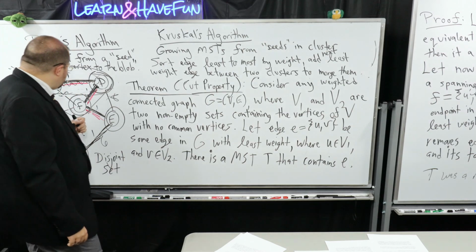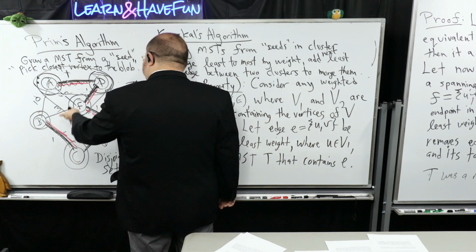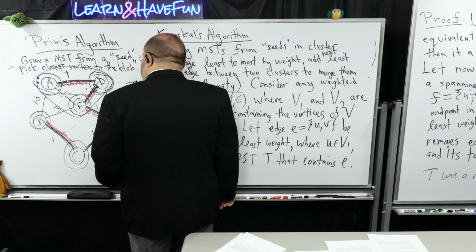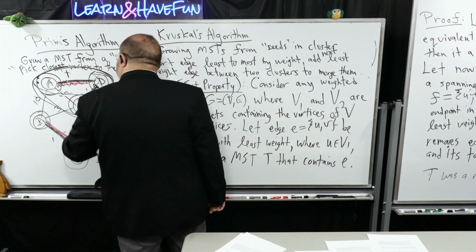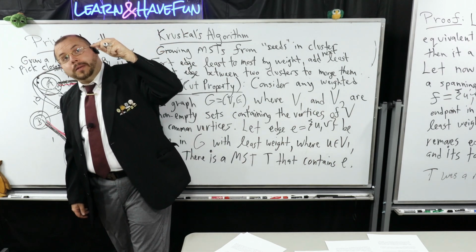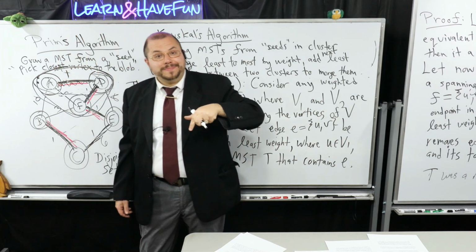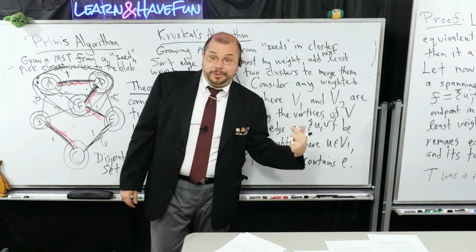There are two separate ones. Well, think about it. Let's consider the next edge we'd put in here. We have one cluster here of vertices, and whenever we add the next least weight edge, it goes from one cluster to some other cluster.